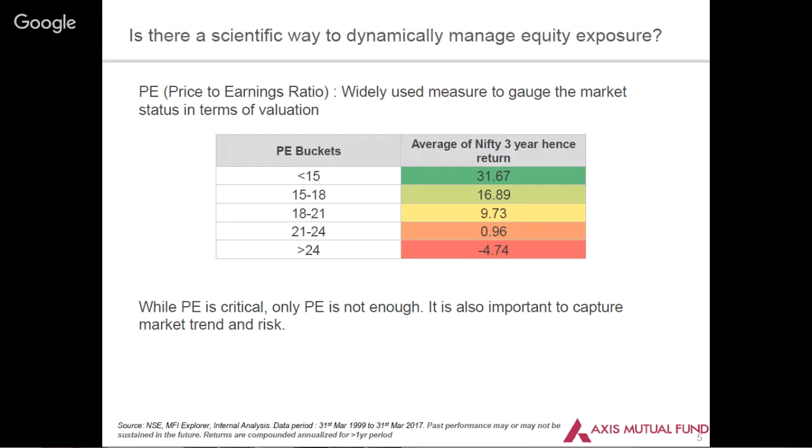And that is where many of the investors who get concerned with the market ups and downs will find that dynamic products can be of great help or great value to them.